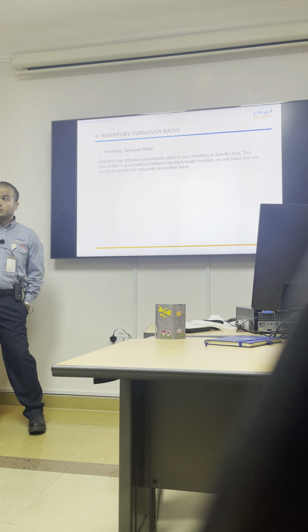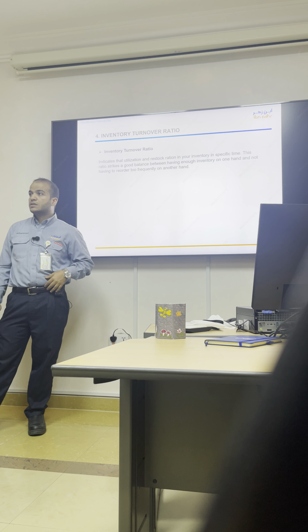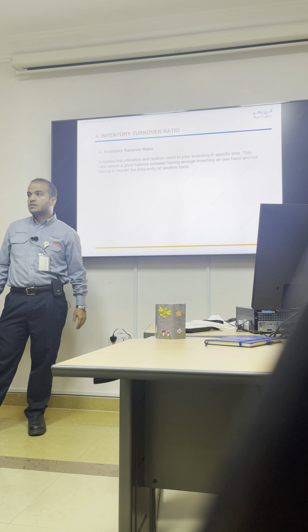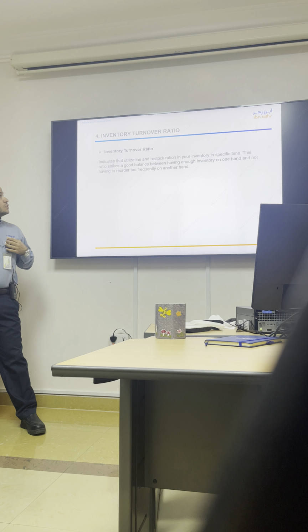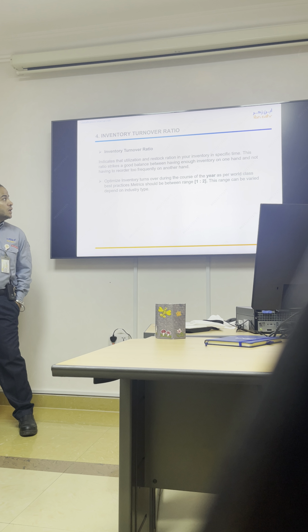Inventory turnover: what's the meaning of turnover? For all of us, turnover means management needs to change the staff. But here in inventory science, there is turnover too. Turnover in inventory ratio indicates utilization and restock ratio in your inventory. This ratio strikes a good balance between having enough inventory on one hand and not having to reorder too frequently on the other hand.